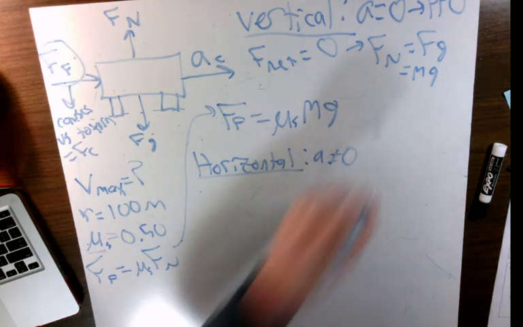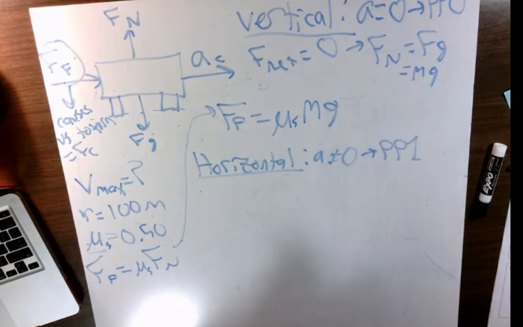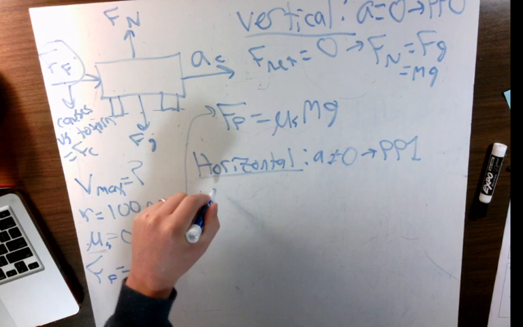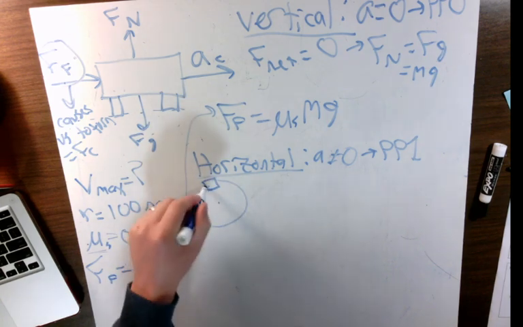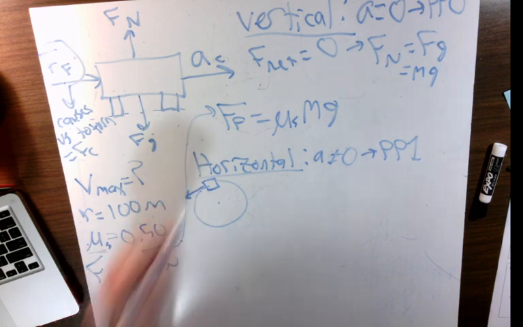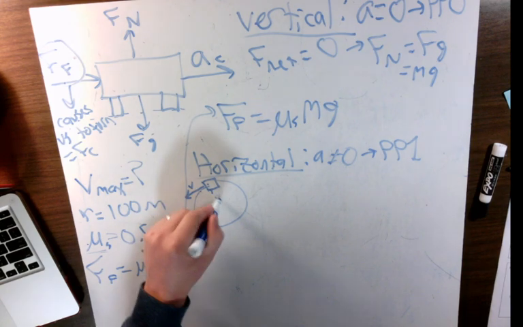non-zero acceleration. So we're working with accelerated motion, uniform acceleration, principle of physics 1. And we know that here we're going in a circle, right? Our car is moving around a circle. We're trying to figure out how fast it can go, the speed, given a radius of 100 meters.